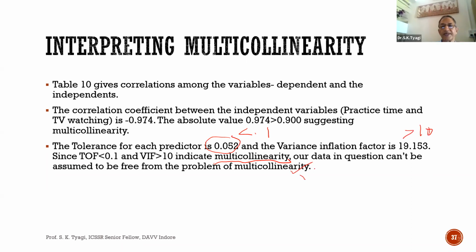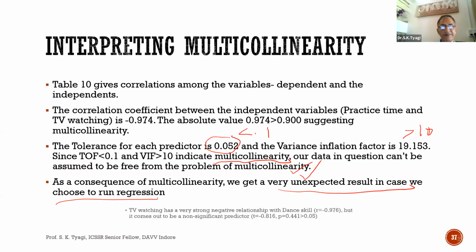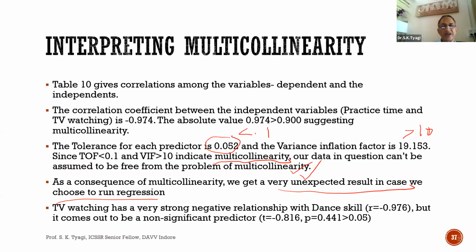Therefore, multicollinearity is there. As a consequence of multicollinearity, we get a very unexpected result in case we choose to run regression. We have applied regression and we have got a very unexpected result. What is the unexpected result? TV watching has a very strong negative relationship with dance skill.